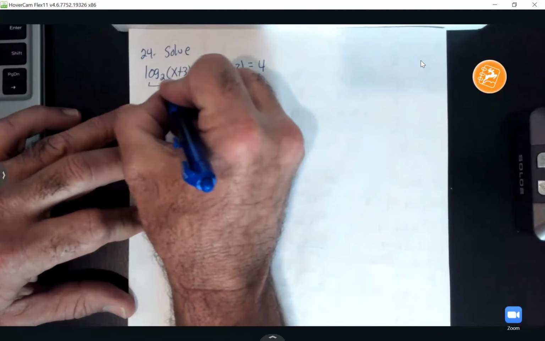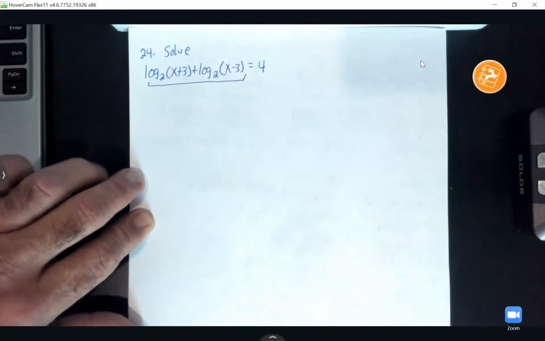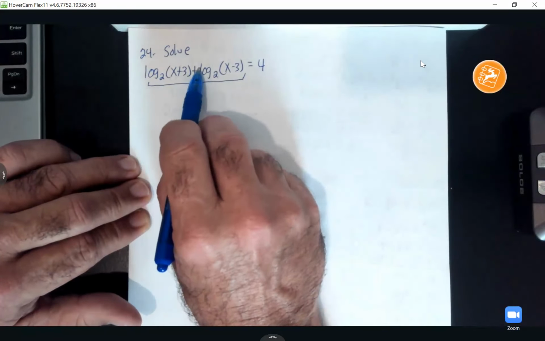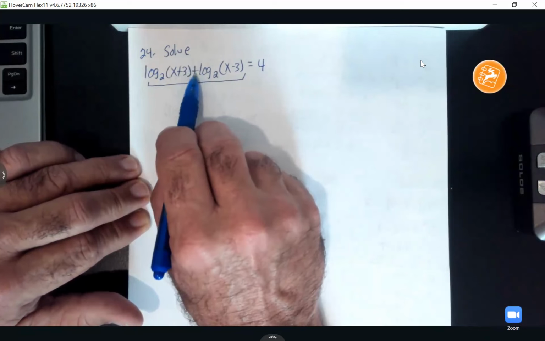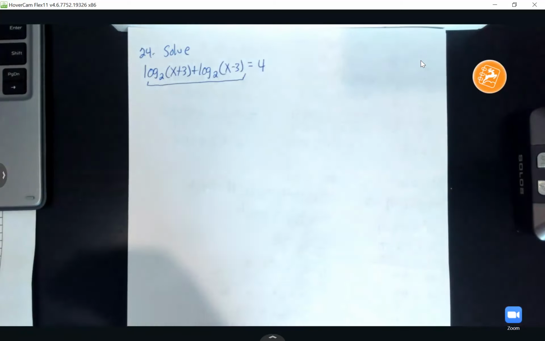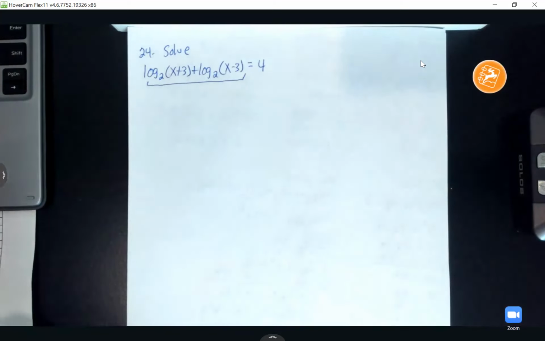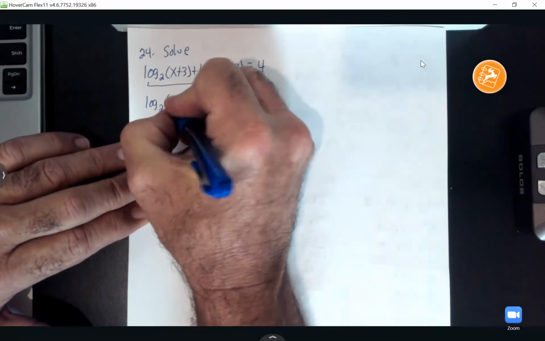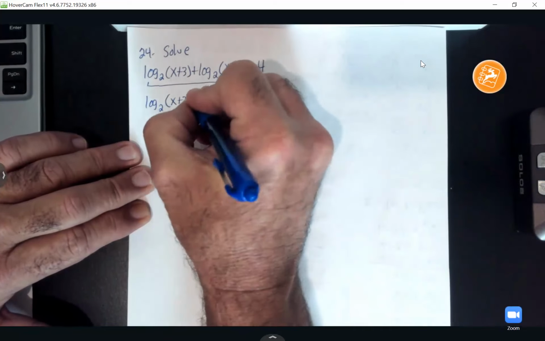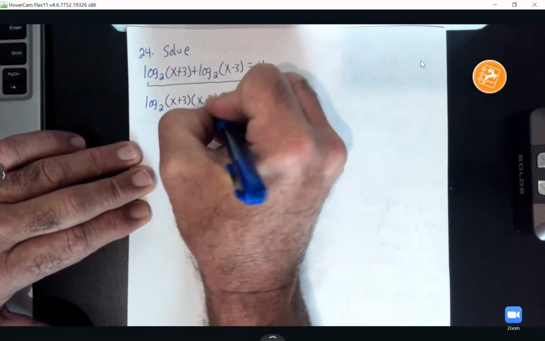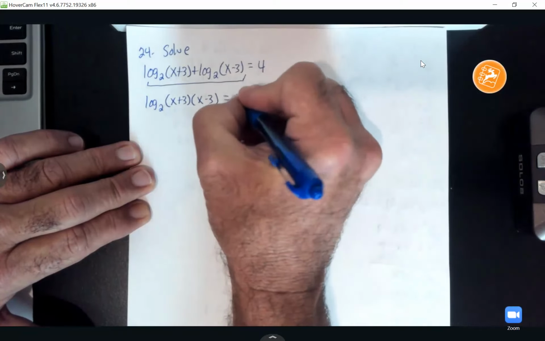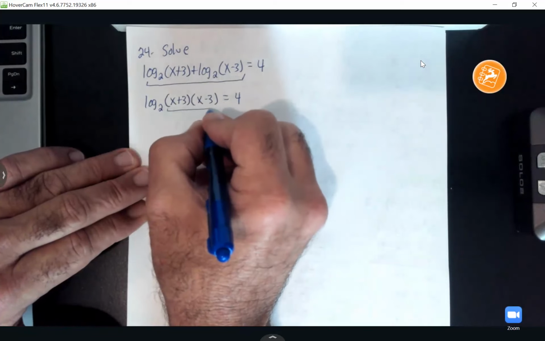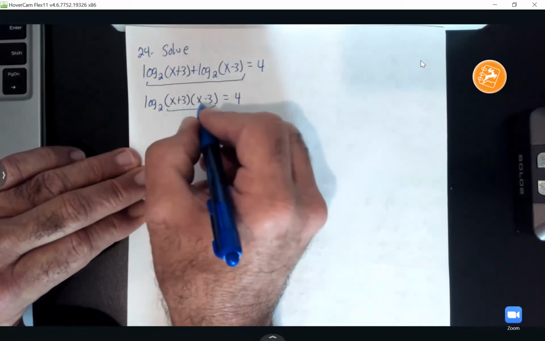First thing, we got to write the left side as a single log. Now, y'all, these are being added. They're not being subtracted. So since they're being added, they'll look like a product instead of a quotient. So my log 2 comes down, and I'll have the x plus 3 times the x minus 3, and then all that'll equal 4. And what we're going to do now is actually multiply that product there, okay?